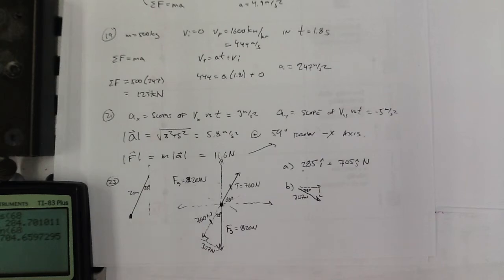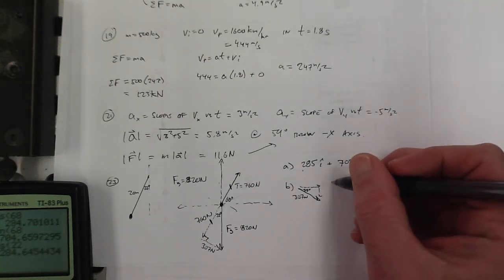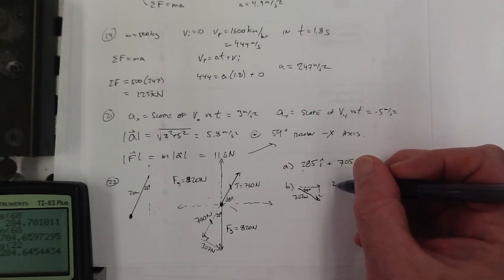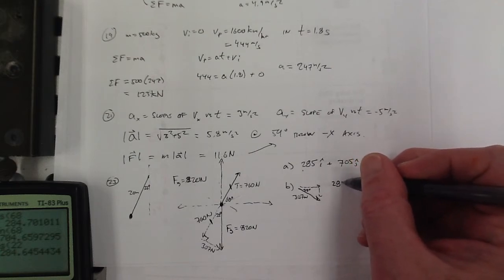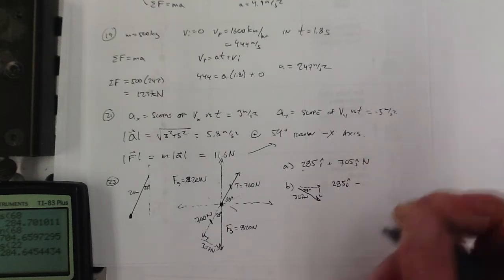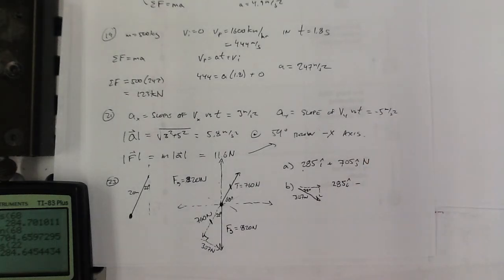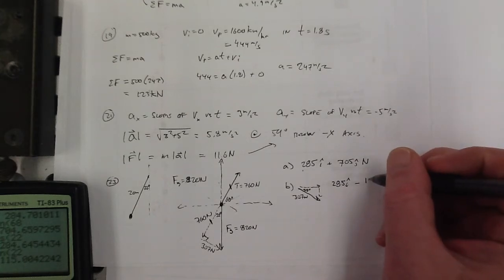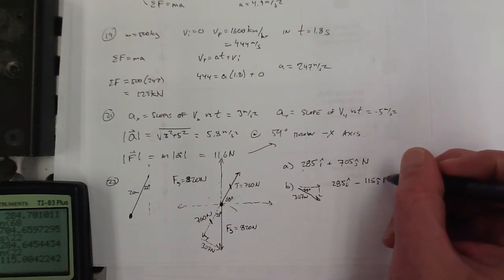So let's see, that's 307 times the cosine of 22, which is 285 i minus 307 times the sine of 22, minus 115 j newtons.